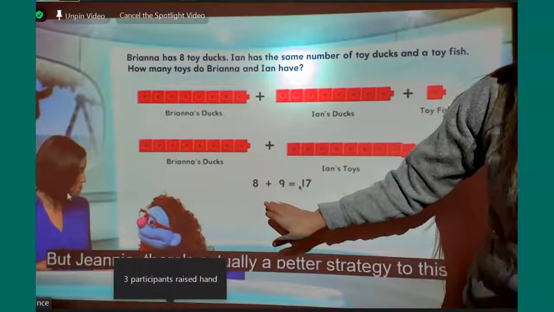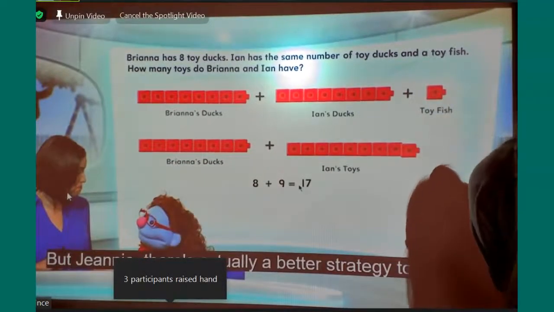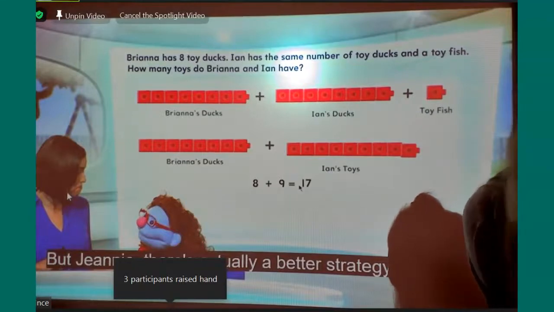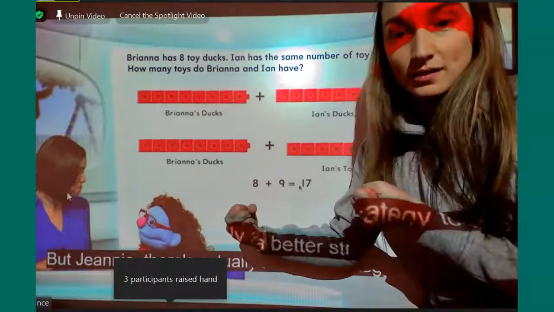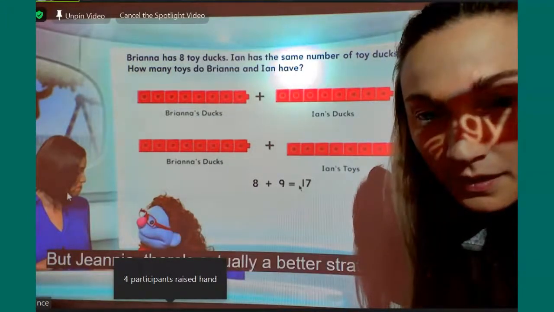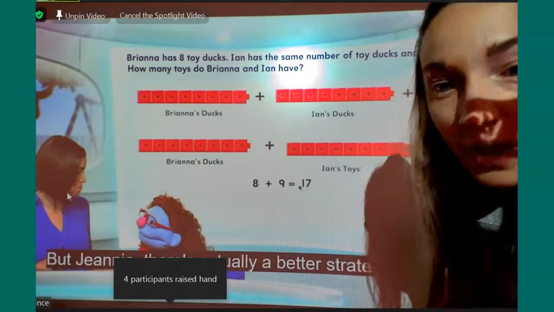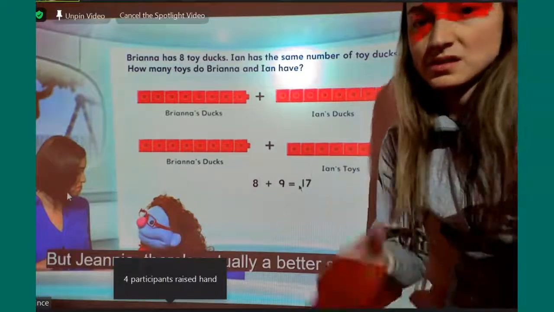Instead of trying to solve 8 plus 9, what could they do? They could take the 9 apart. Is that what you mean by get rid of it? Yeah. Okay, so what could I turn the 9 into? Something plus something.